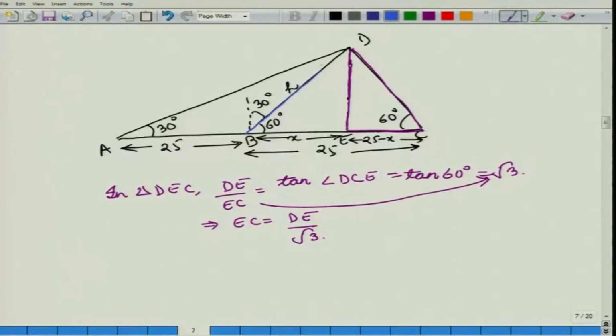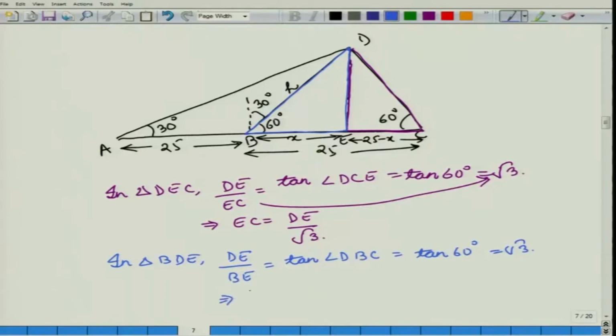Let us consider triangle BDE. So, here in triangle BDE we have DE upon BE, which is again the perpendicular upon the base, equal to tan of angle DBC, which is tan 60 degrees, root 3. So, we get that BE is equal to DE upon root 3.